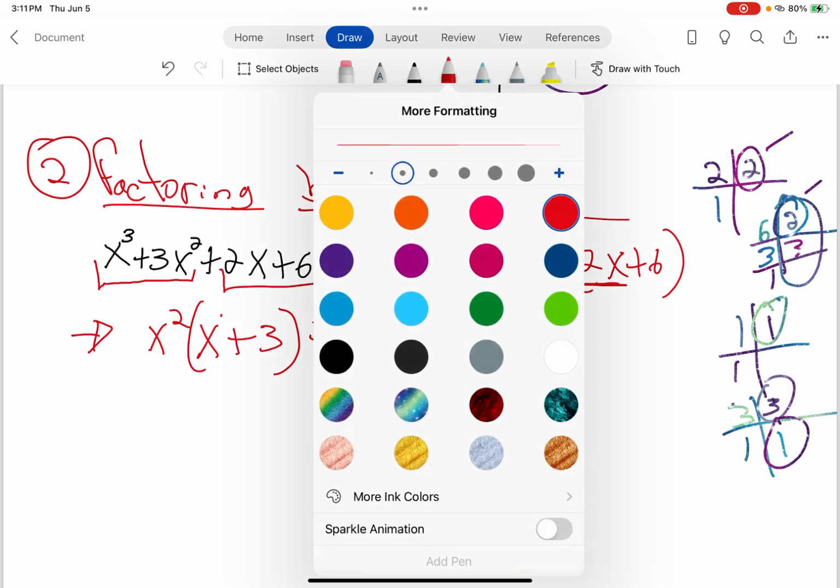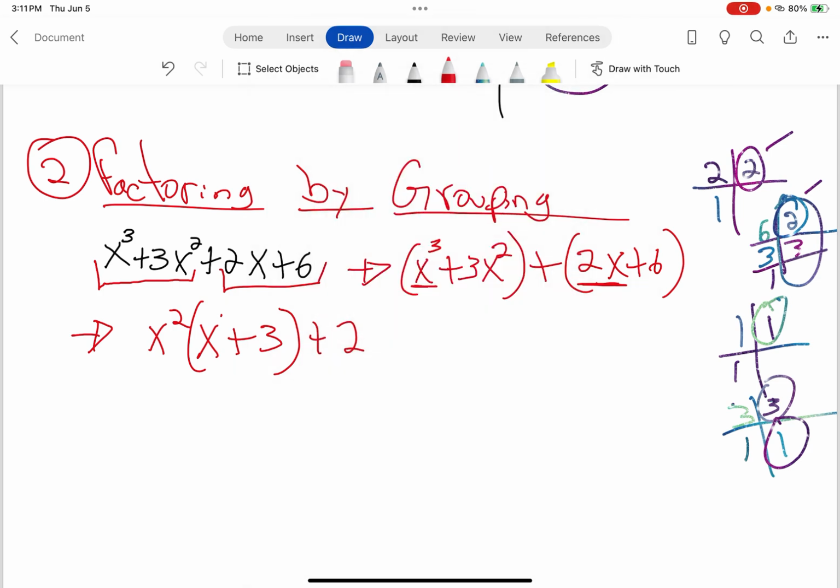So the same process now. Now you have to multiply the 2 times the original equation, which is here, but divided by the greatest common factor you just found, which is 2.